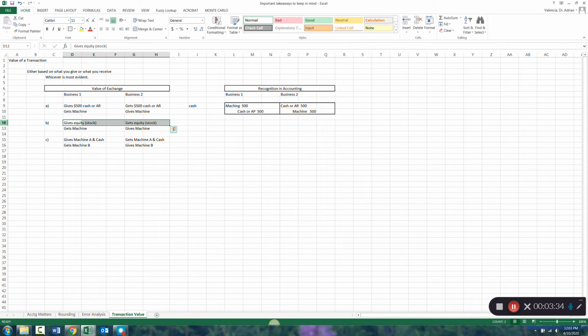So if for some reason that stock is publicly traded, then that's a good metric of fair market value. And I would argue that we would value the worth of this exchange based on the worth of that stock.